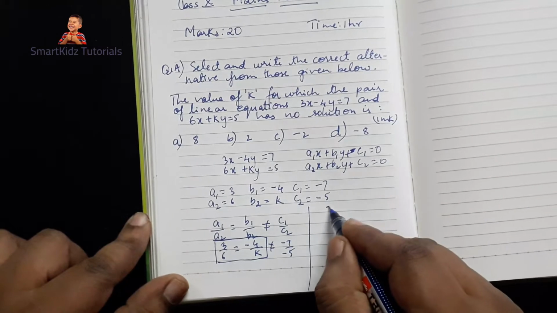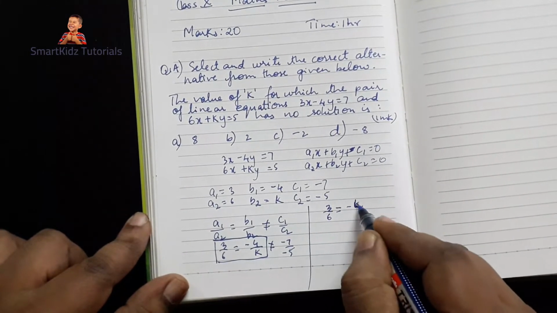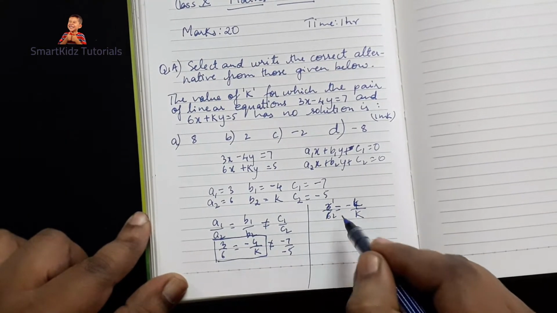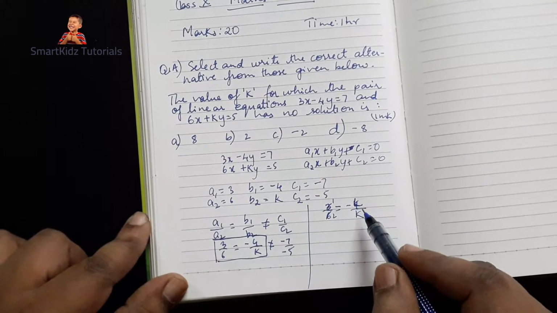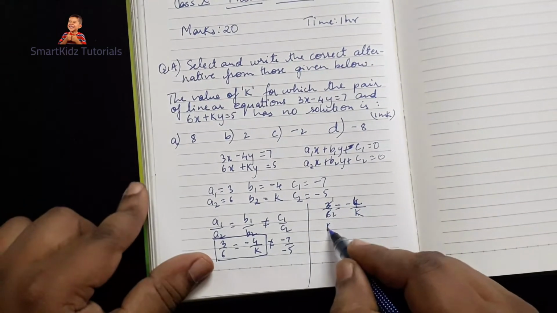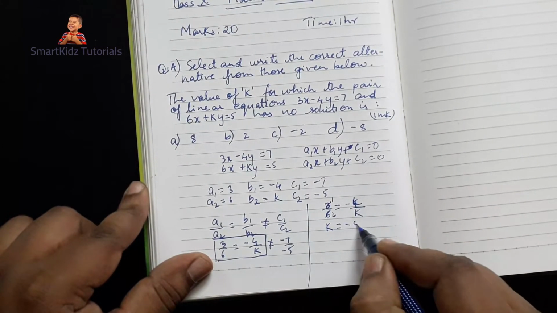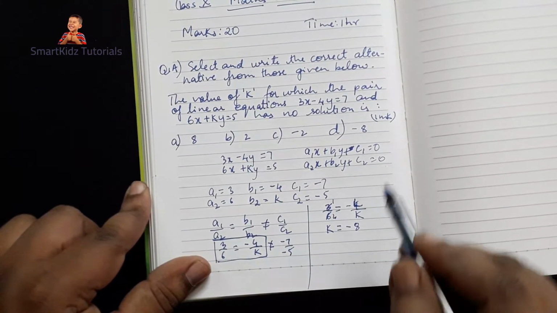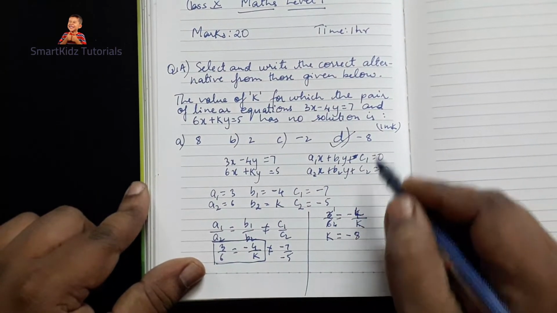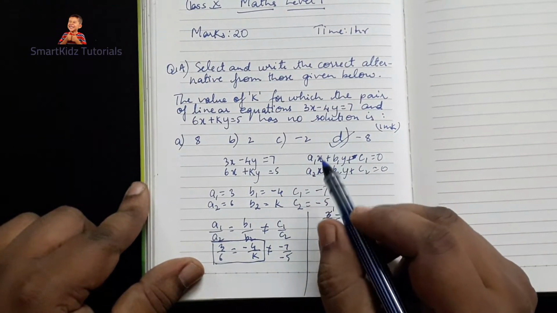So 3 upon 6 equal to minus 4 upon k. 3 ones are 3, 3 twos are 6, and I will take this k on top, and this 2 will cross multiply with minus 4. That will give us minus 8. So our correct answer is D, minus 8. For that value, we get no solution for these two equations.